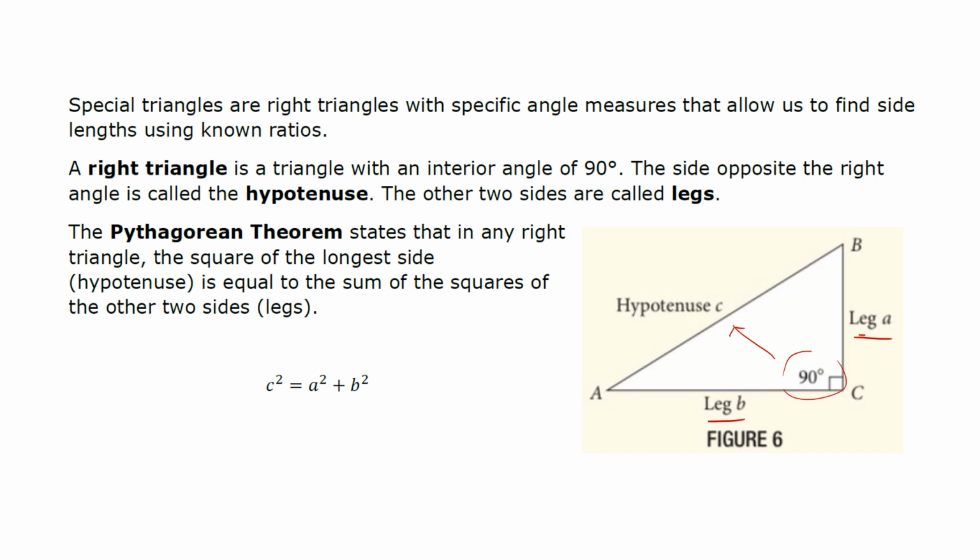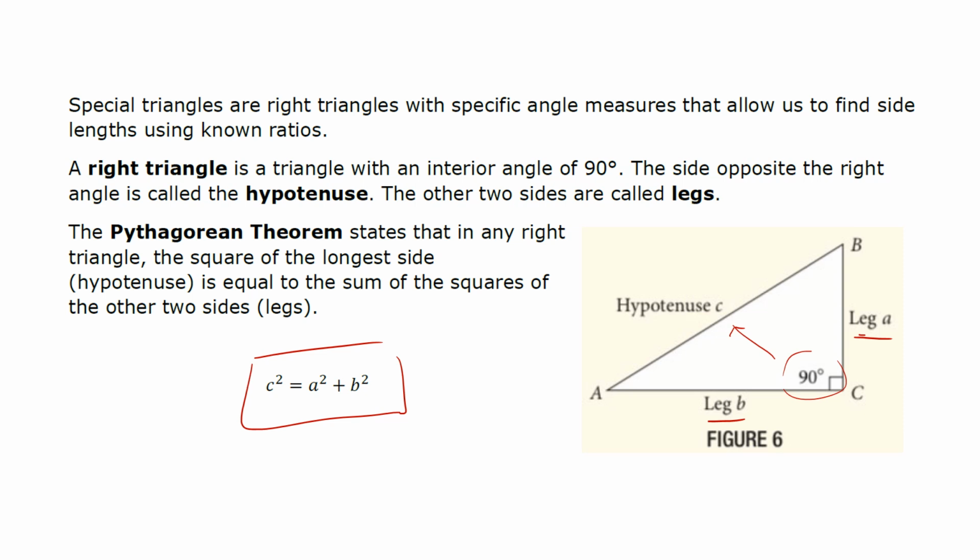Now the Pythagorean theorem states that in any right triangle, the square of the longest side, which is the hypotenuse, is equal to the sum of the squares of the other two sides. So that would be leg A and leg B. That gives us this lovely formula: C squared equals A squared plus B squared.